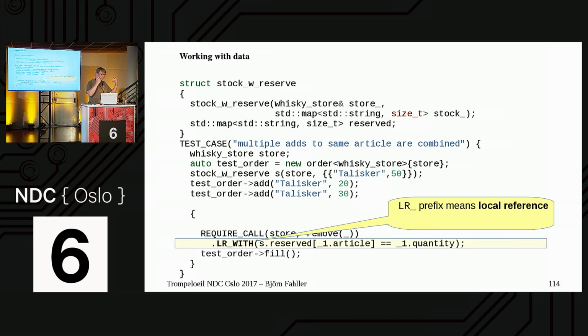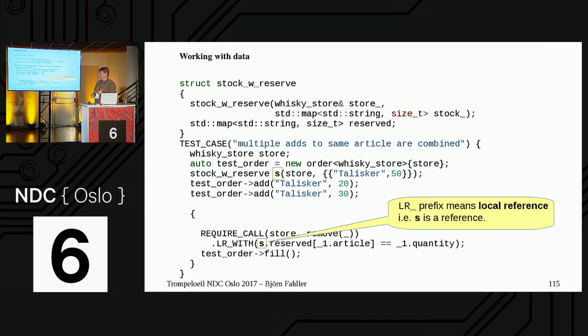They are ugly because they are a visual warning. Local reference means that every name referred to in this constraint that is a local variable is actually referred to by reference. So there may be lifetime issues here. So we must ensure that the variable s lives at least as long as this expectation does.